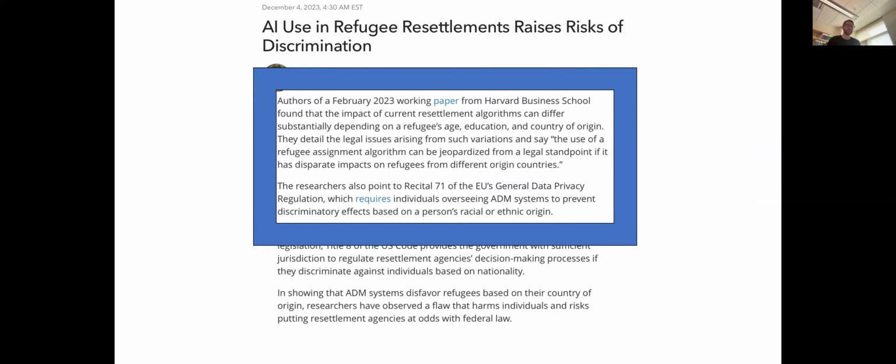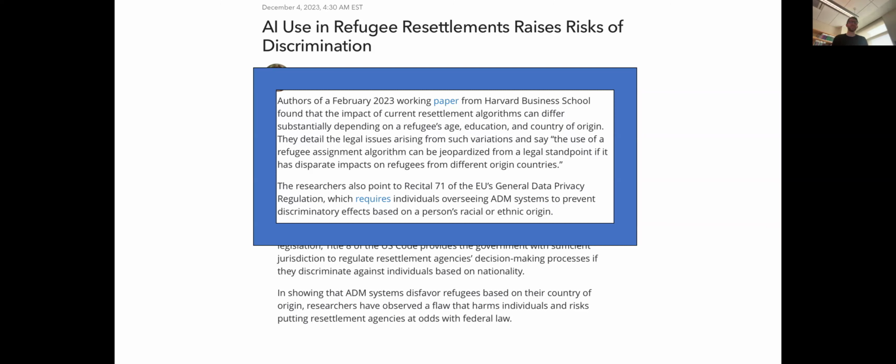This actually got picked up recently by an op-ed in Bloomberg Law. Reading the op-ed, I want to highlight that we don't have legal expertise. The author of the op-ed quoted us in various parts with respect to legal matters, and I want to emphasize that we were trying to read regulations and understand things.